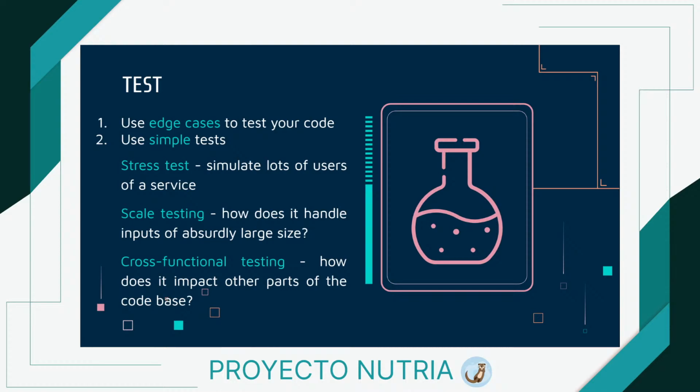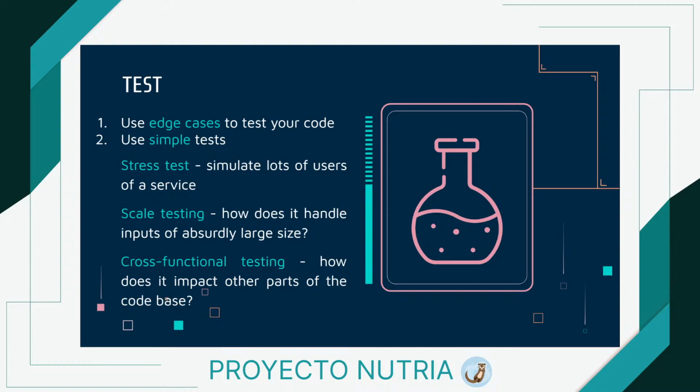There are also other kinds of tests that you need to be aware of in the test part. The first is the stress test. You can simulate a lot of users and try to understand how it's going to perform. The second one is scale testing: how does it handle inputs with a very large size?